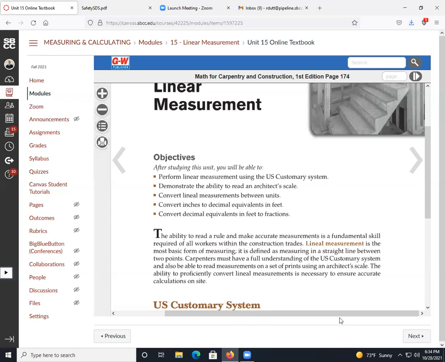That's an engineer scale. We're not going to teach you how to read an engineer scale.